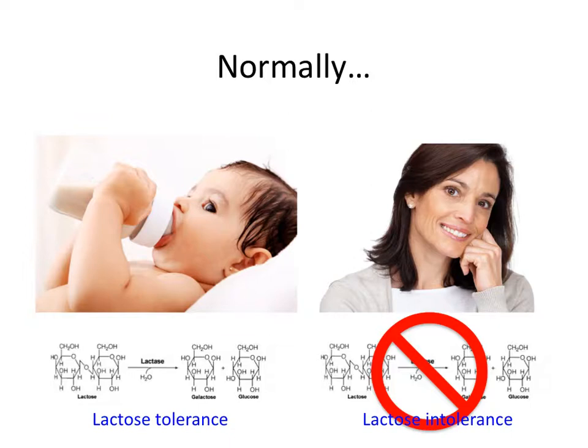Last point about eukaryotic gene expression regulation, lactose intolerance. Normally, as I said a couple of classes ago, we start out as infants, all of us, being lactose tolerant. Evolutionarily speaking, we're designed to ingest only milk during the first part of our growth.